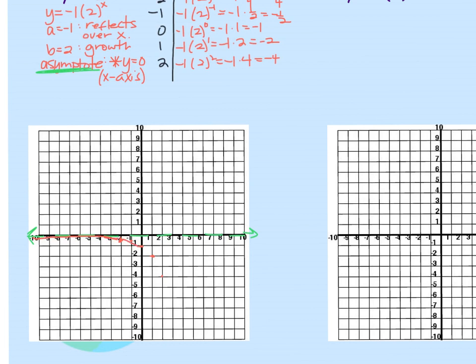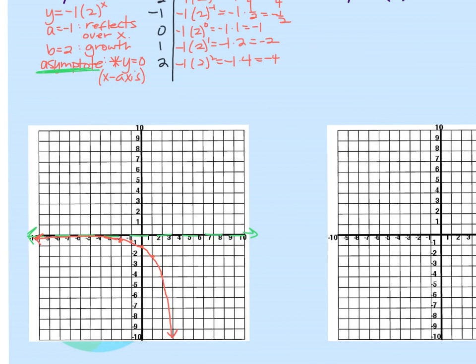And then as the graph turns, it drops down really quickly. So I'm going to have an arrow on each side. There's the sketch of a graph that reflects over the x-axis and is an example of exponential growth.